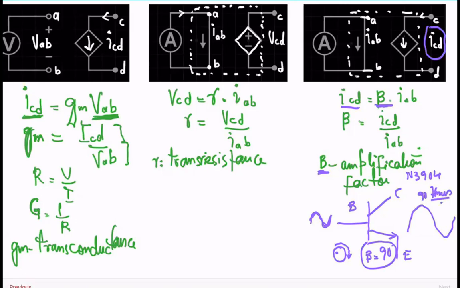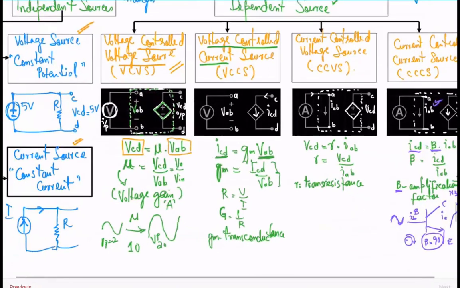ICD here represents the output current of the circuit, and this is the input current. In a transistor we say this is the base current, which is the input current, and the output current is the IC, which is the collector current. So just to summarize what kinds of sources we have and what we'll be dealing with throughout this course.